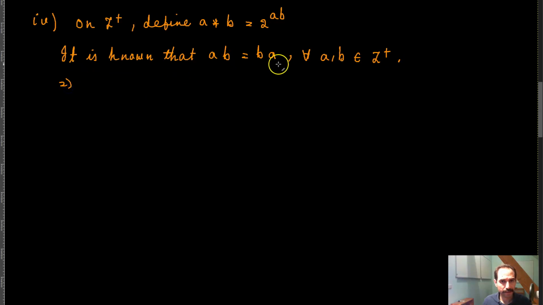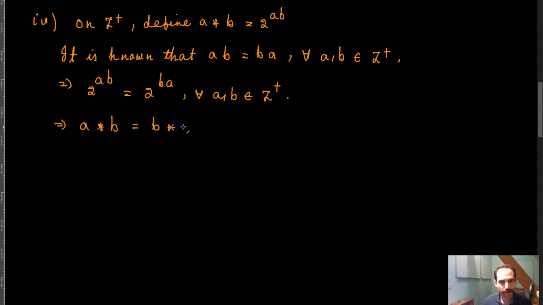And that basically means that 2 raised to the power AB is equal to 2 raised to the power BA for all A and B belonging to Z plus. And therefore A star B is equal to B star A for all A and B belonging to Z plus.